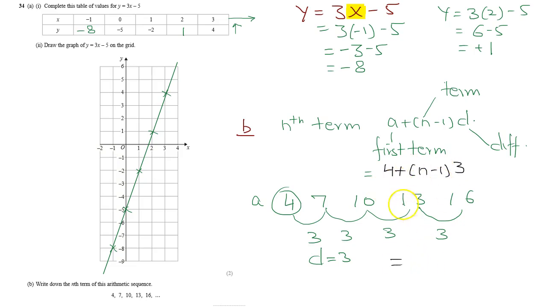Now you can open the bracket: 4 plus 3 multiplied by n is 3n, minus 3. So 3n, 4 minus 3 is 1, so 3n plus 1. That is how we find the nth term for arithmetic sequences.